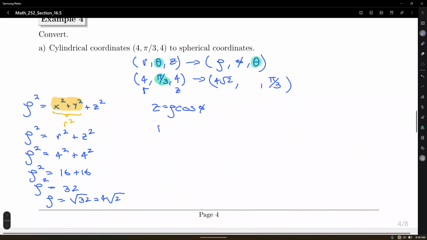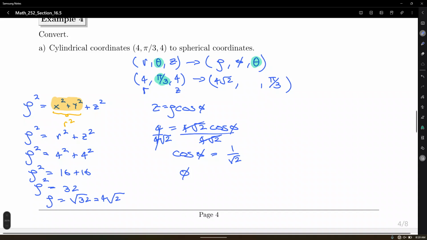So z in this case, which is 4, equals rho, that is 4 root 2 cosine phi. Let's solve for the angle phi. Let's divide both sides by 4 root 2. Divide out the 4's, that's cosine phi equals 1 over the square root of 2.